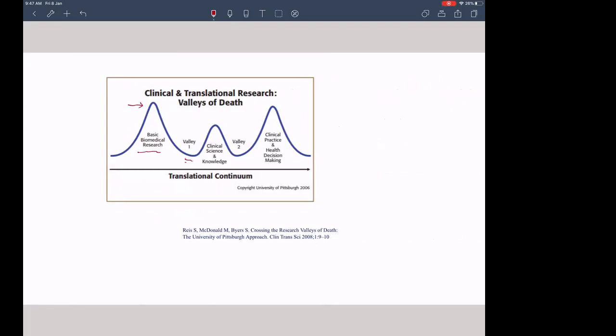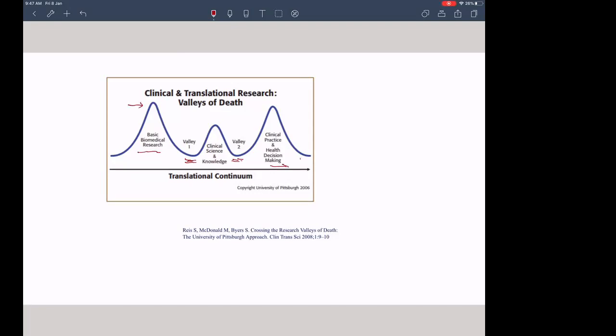This may not be the end of the tunnel. Then clinical research is applied, and results and knowledge are gathered. Then again, this can face certain issues. And finally, if it goes through, it can help clinical practice and health decision making. So these are different phases one goes through.